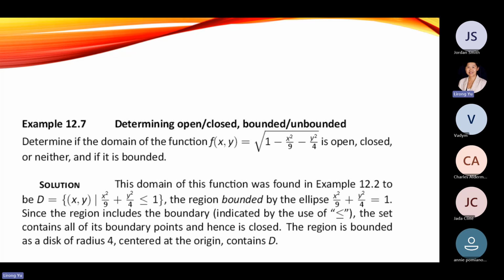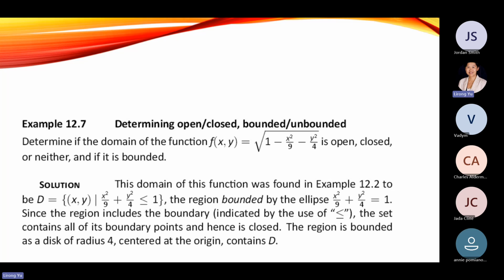The domain of a function is determined by the definition of the function itself. This definition takes the square root of 1 minus x squared over 9 minus y squared over 4. The square root calculation is the only one that raises a concern about the possible x and y values we could plug in, because the squaring and subtraction work with any x and y value.